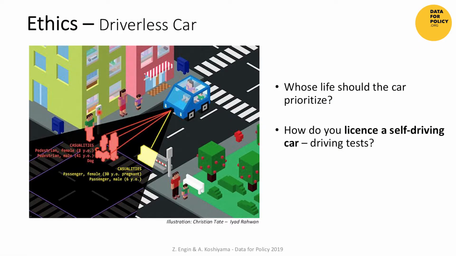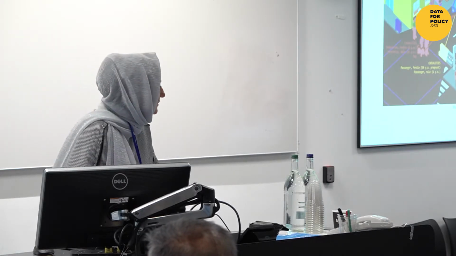The other famous example is driverless cars, again in an unavoidable crash situation. How does the car's algorithm decide whose life to prioritize?